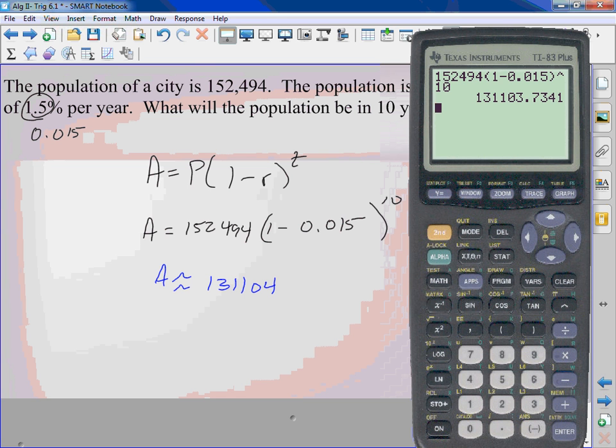Because you can't have a part of a person. You need to think, what am I looking at in this problem? Sorry, I haven't used commas in I don't know how long.